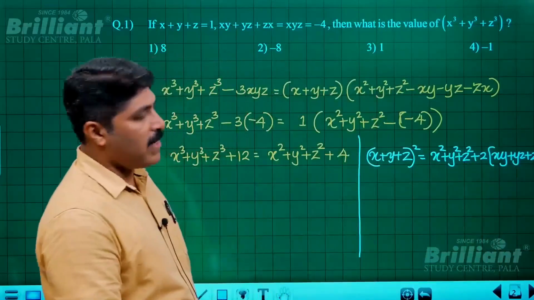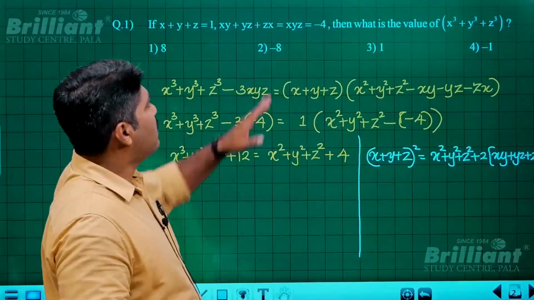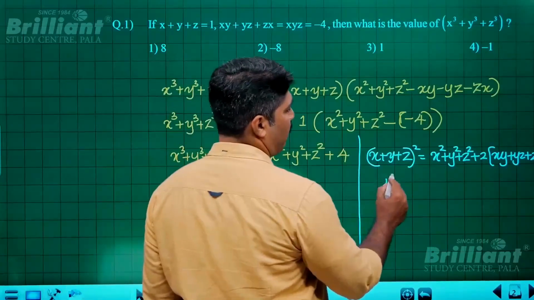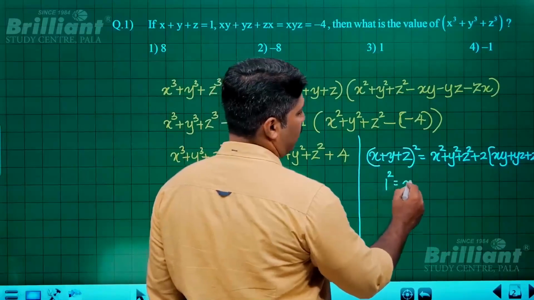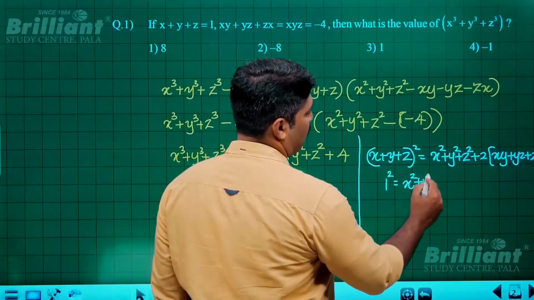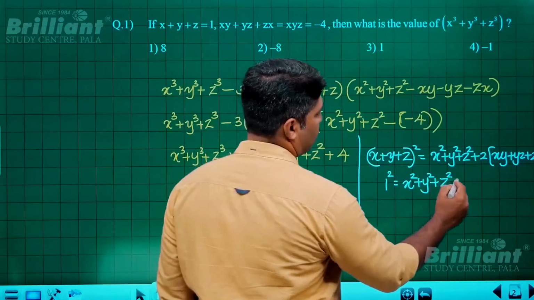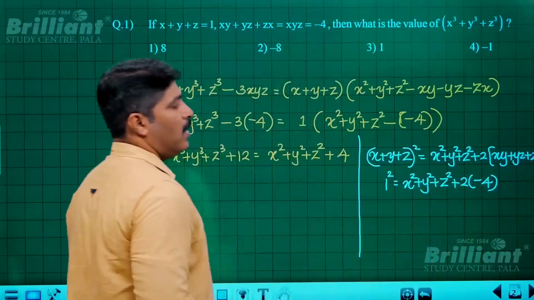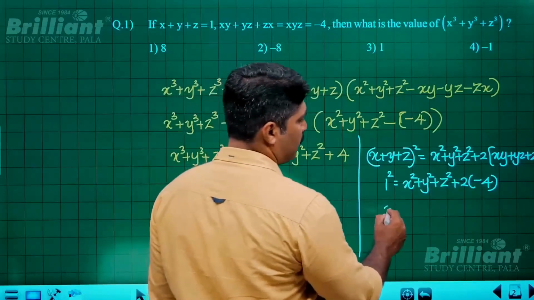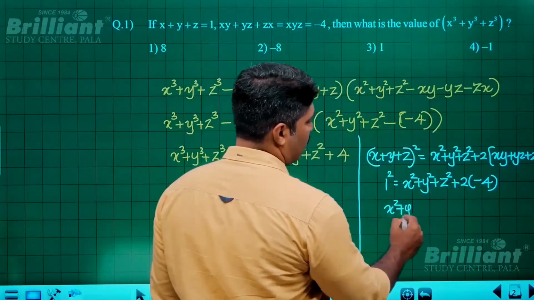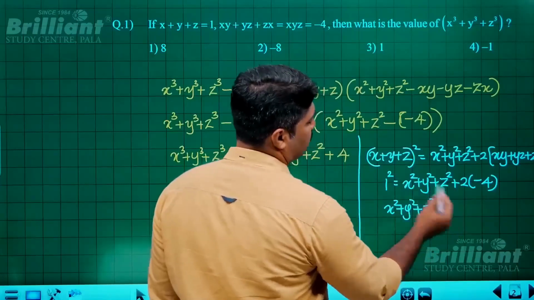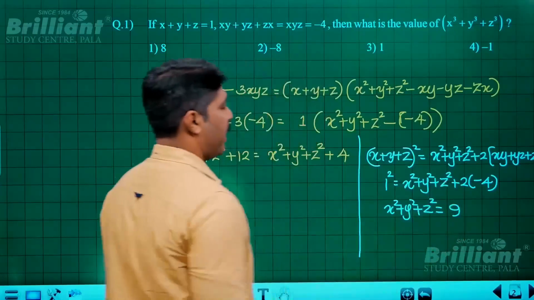While substituting the values, x plus y plus z is equal to 1, therefore 1 square equals x square plus y square plus z square plus 2 into minus 4. We will get x square plus y square plus z square, minus 8 taken towards the left side, therefore this is equal to 9.